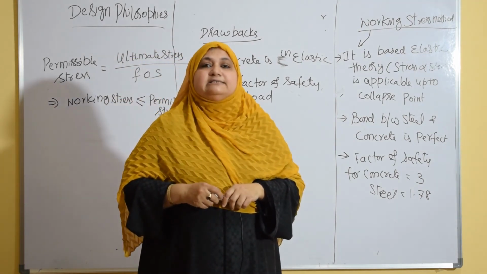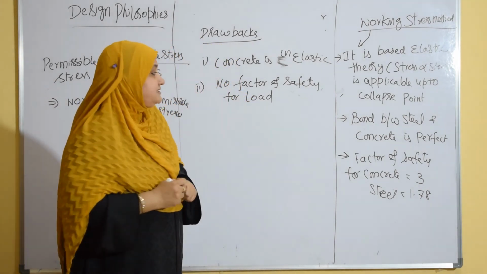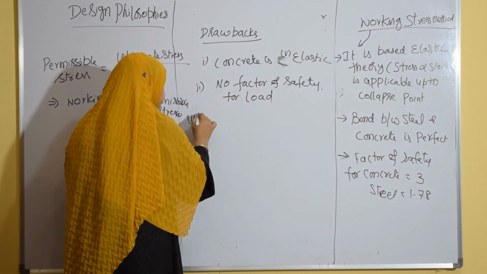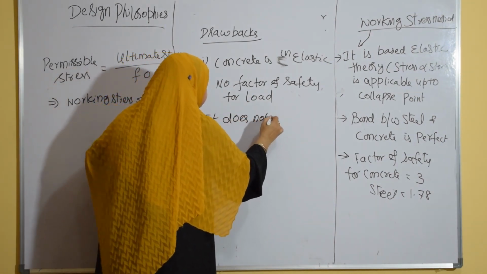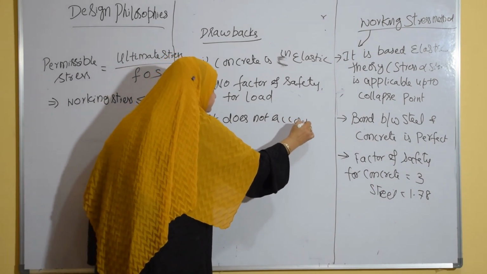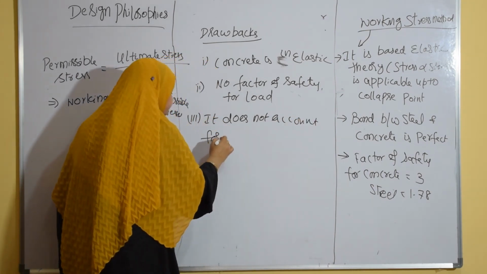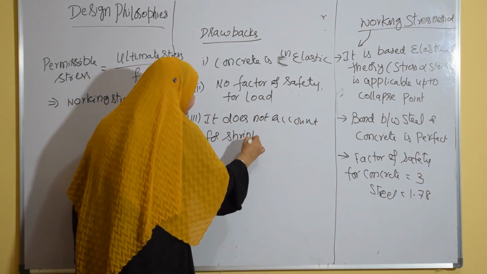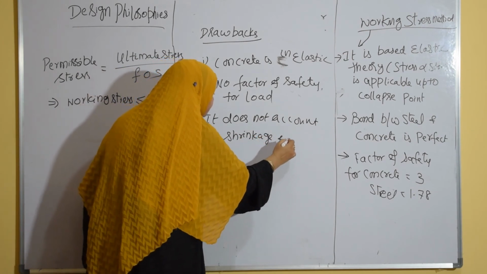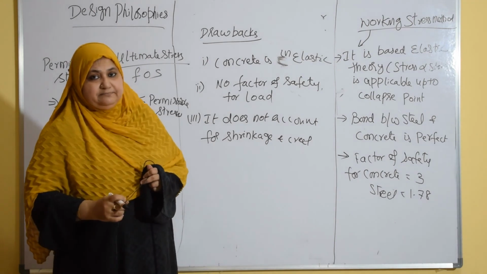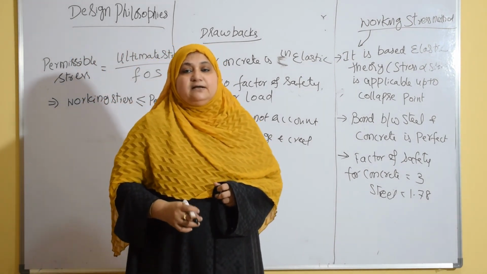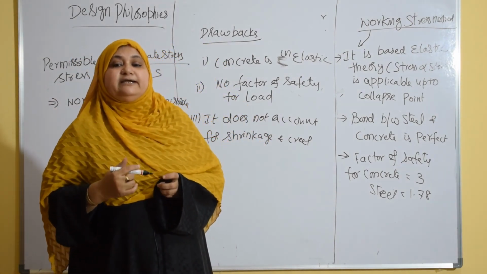Third, it does not account for shrinkage and creep. You know what is shrinkage and what is creep? Shrinkage is the reduction in volume with time, and creep is deformation under sustained load.